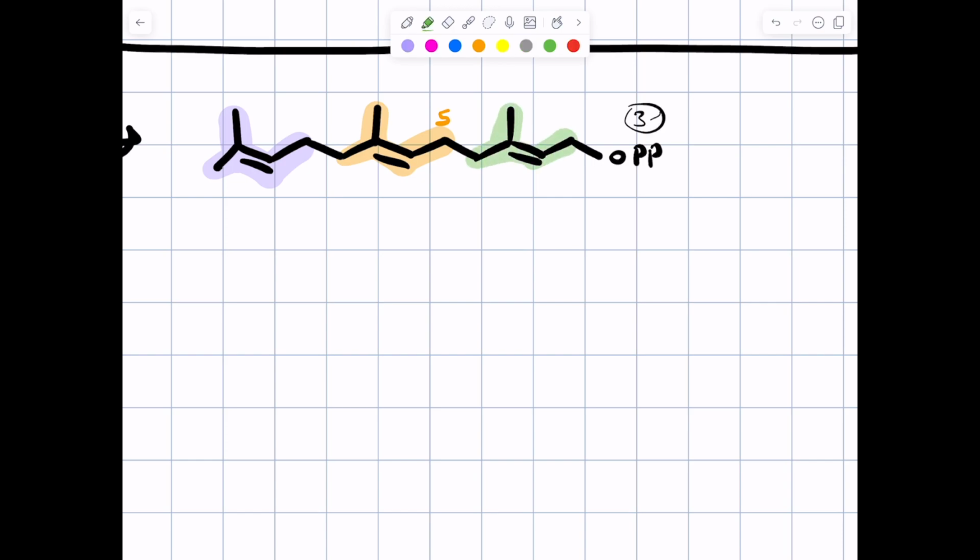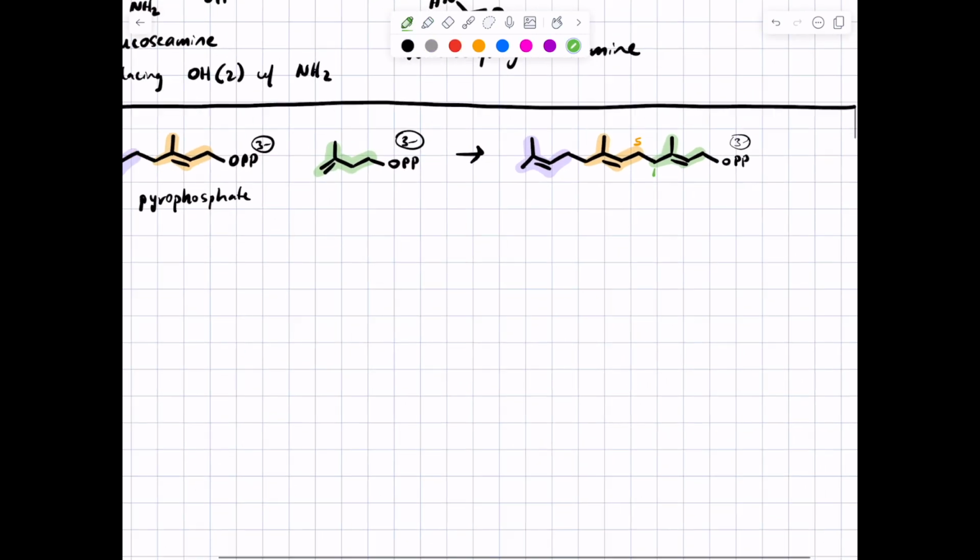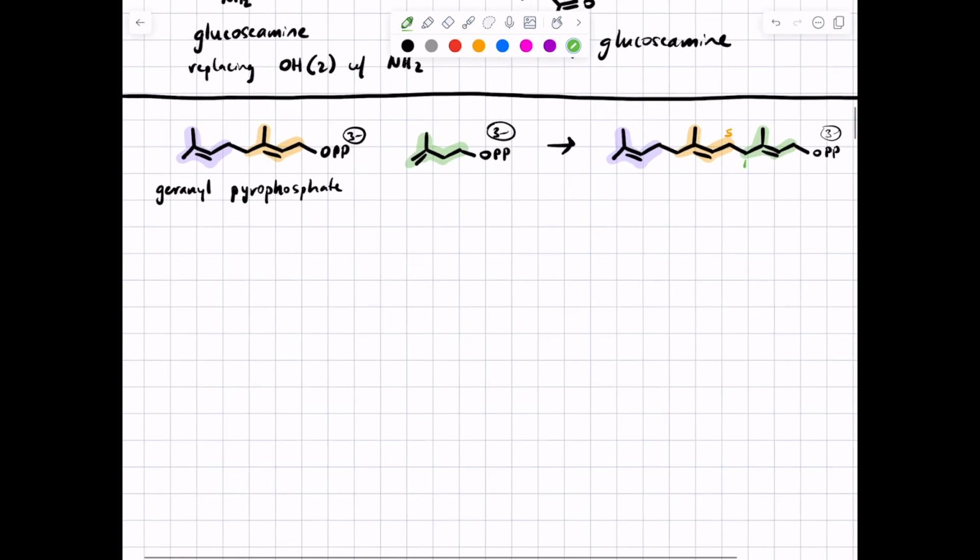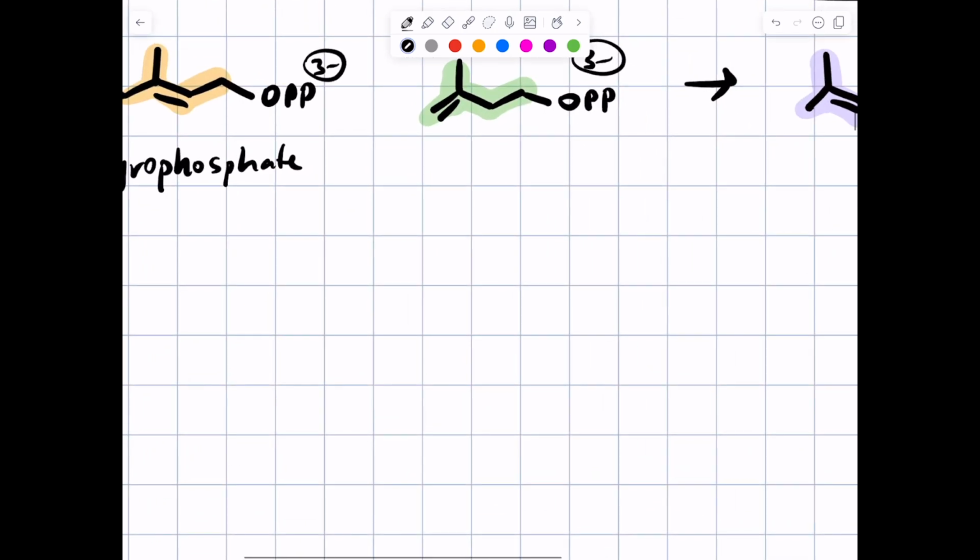Where this is the green isoprene unit and orange 5 is bonded to green 1. How this works is essentially you need the 2 isoprene unit precursor, geranyl pyrophosphate, and then you need this other precursor, isopentenyl pyrophosphate.